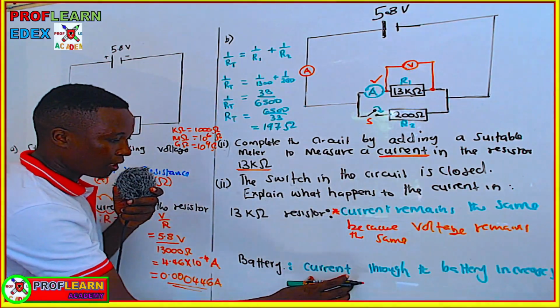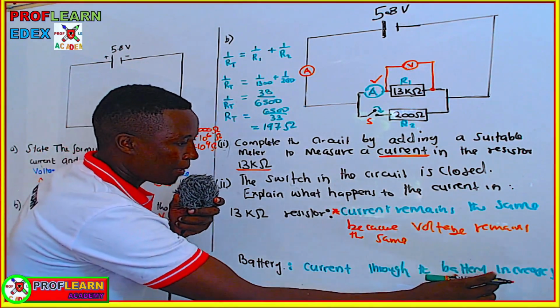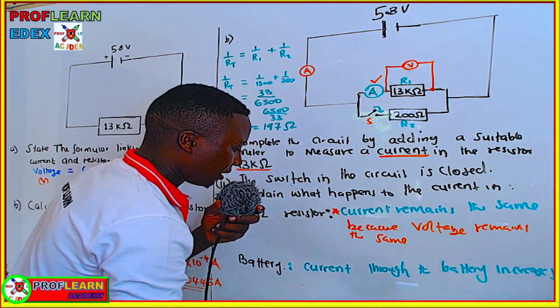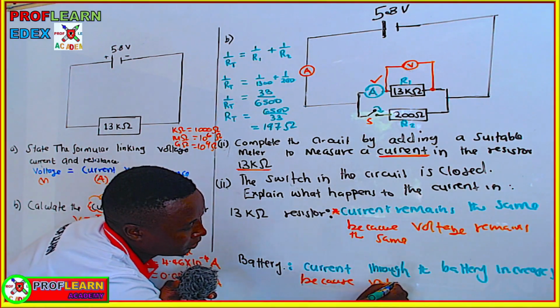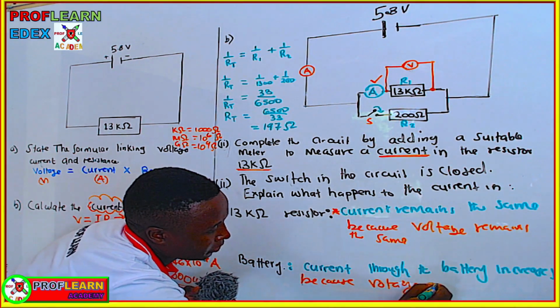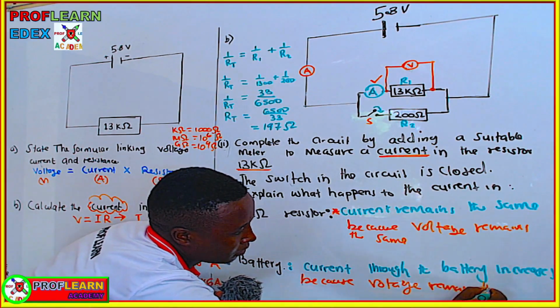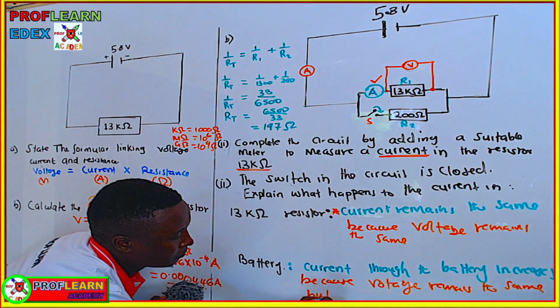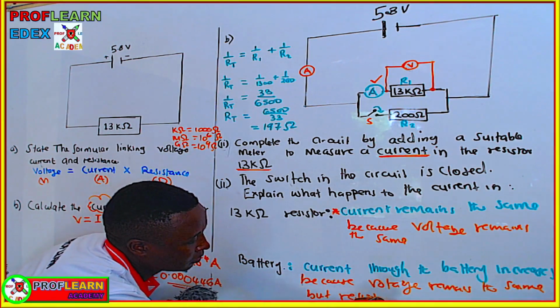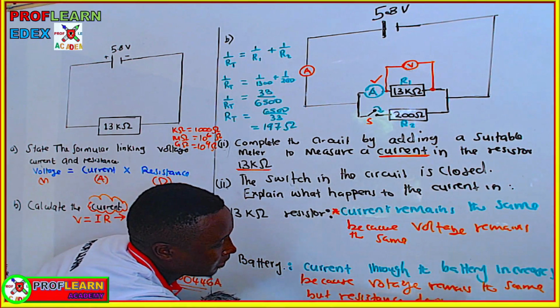Here we are going to say the current through the battery increases because the voltage remains the same but the resistance decreases.